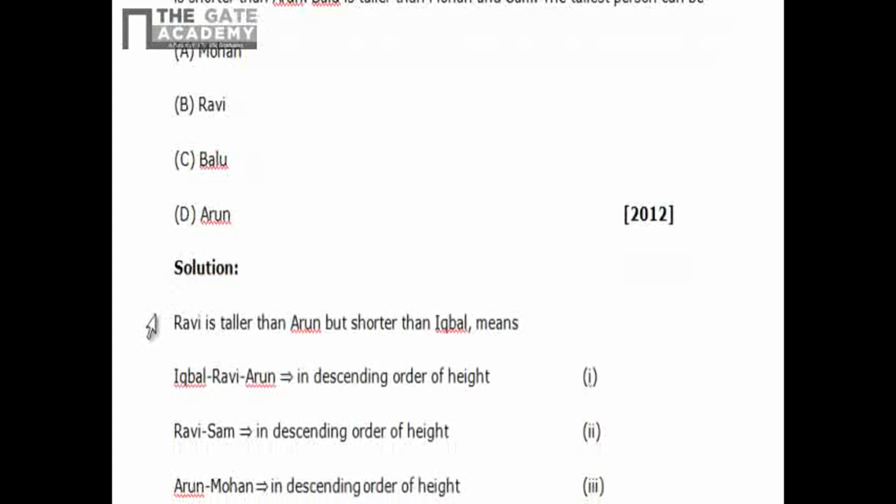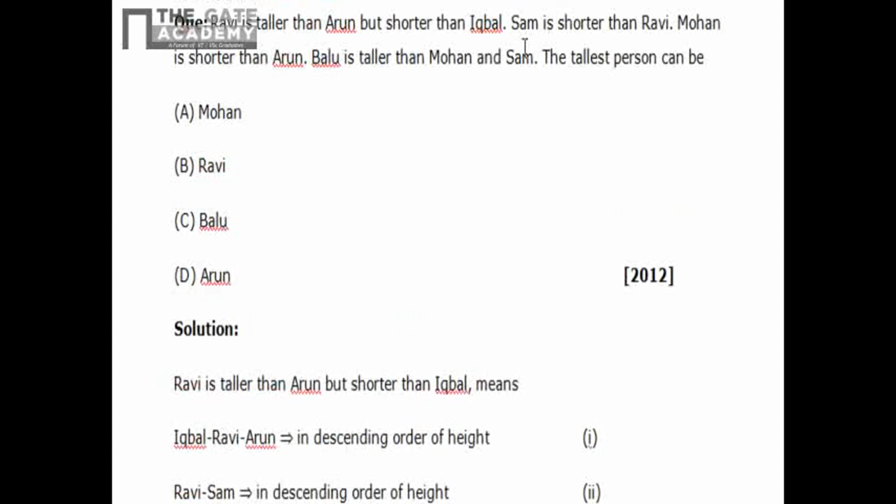It is given Ravi is taller than Arun but shorter than Iqbal. So if we write in order of height, Iqbal will be tallest, then Ravi, then Arun. In the next point it is given Sam is shorter than Ravi.